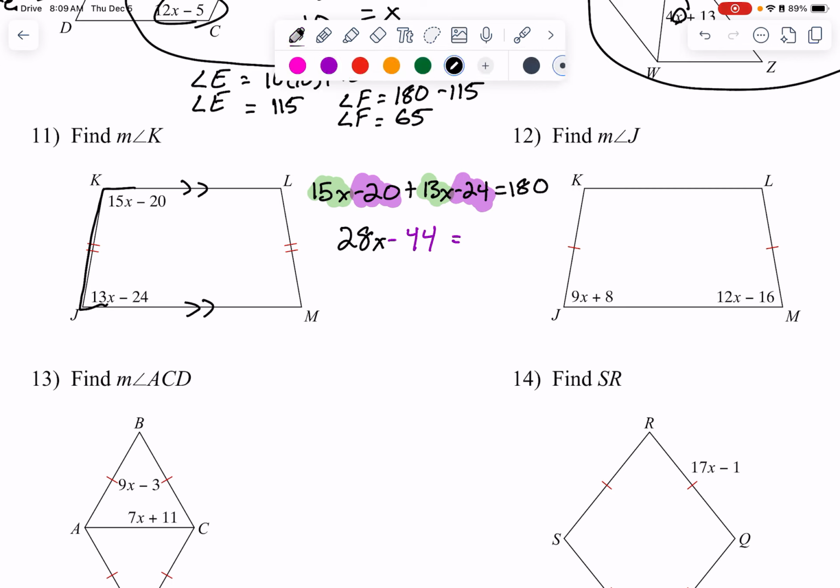And still going to total to 180. So again, just trying to get x by itself. And then we'll have 28x, and on the other side, 224.